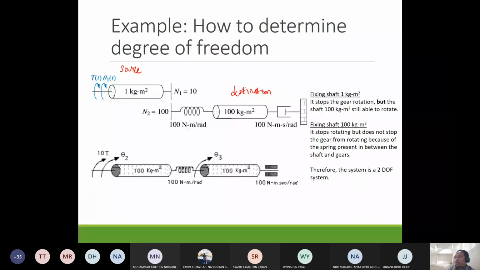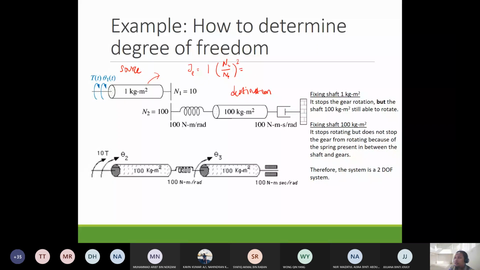When you transfer this inertia here, you do J equivalent equals 1 kg times (N2 over N1) squared.